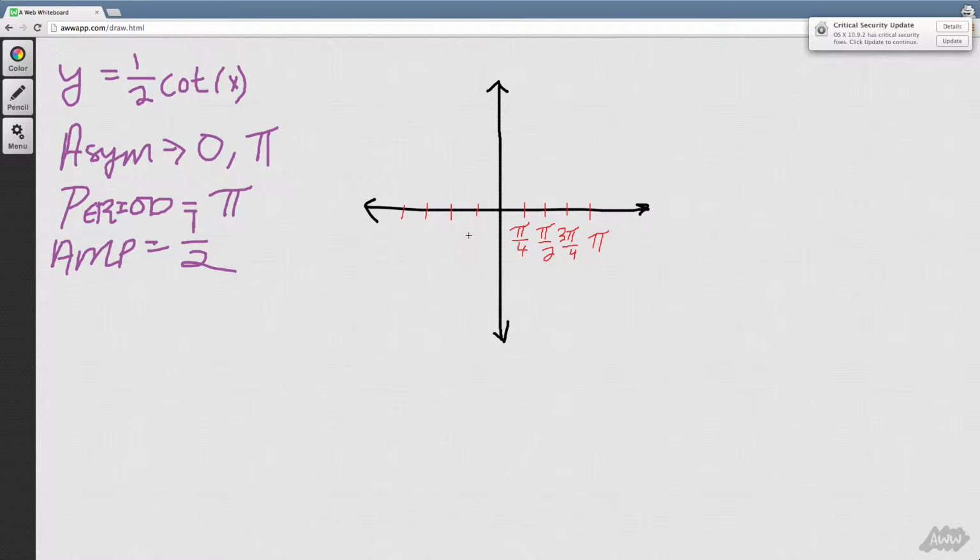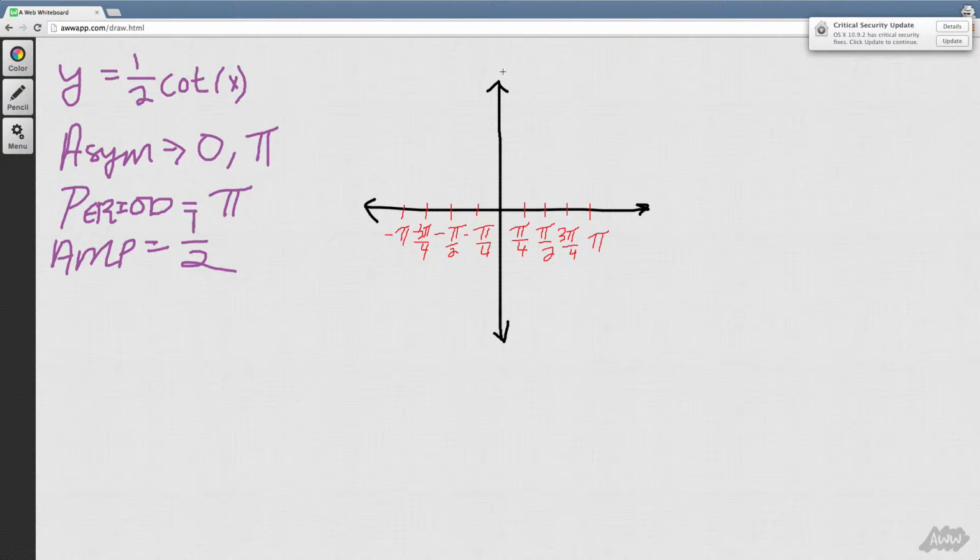And then we're going to do the negatives now: -π/4, -π/2, -3π/4, and -π.